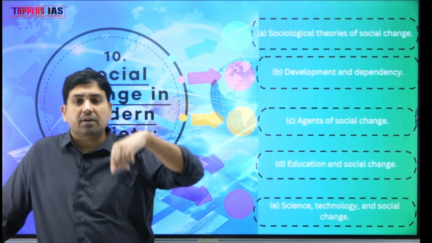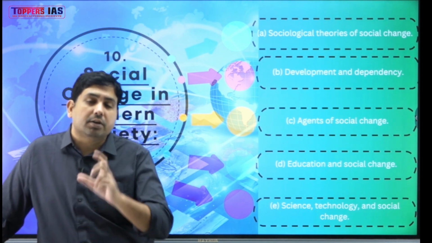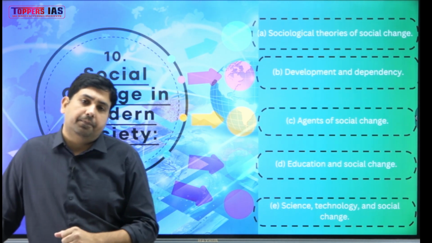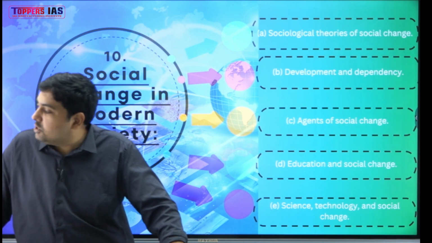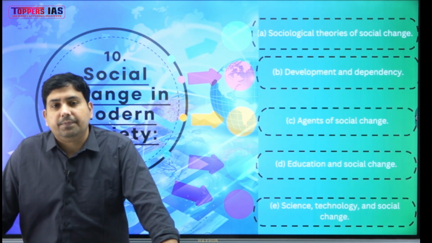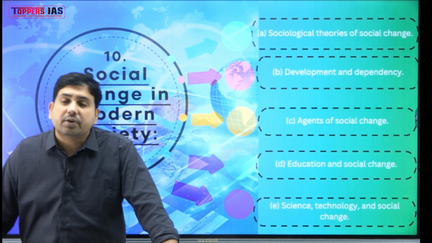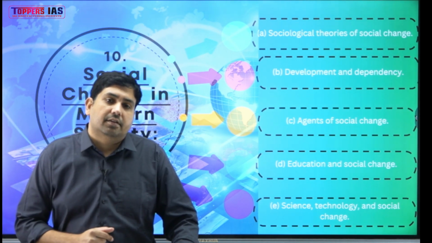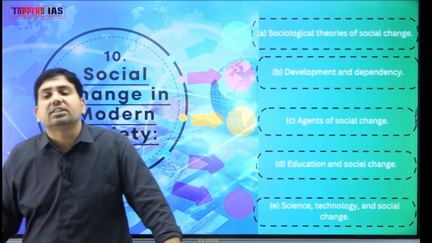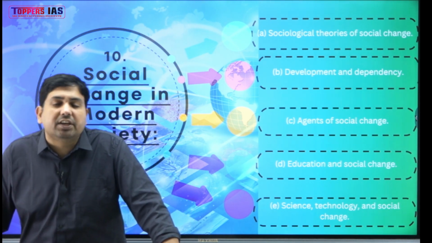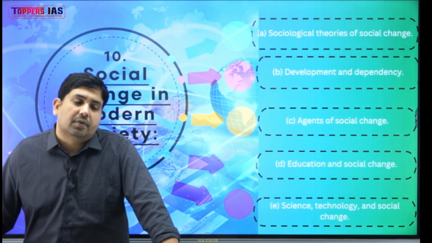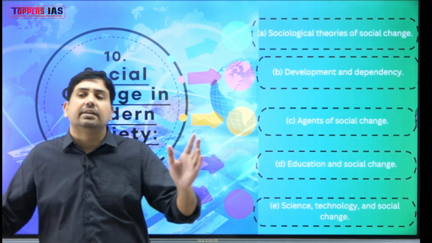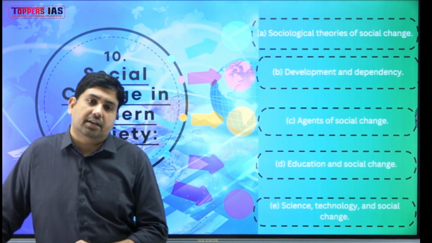If you talk about the discovery of antibiotics, it transformed healthcare, and therefore the life expectancy of people increased. So inventions and technological advancements have a profound social impact. And right now, the internet and smartphones have changed how people communicate with each other, how they work, and social interactions globally.